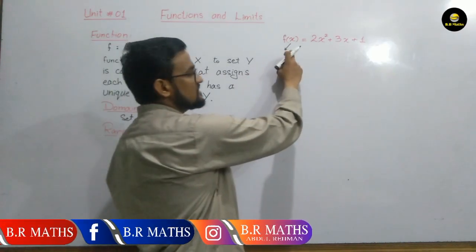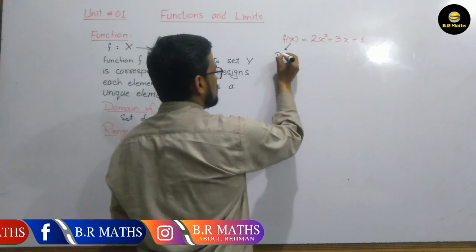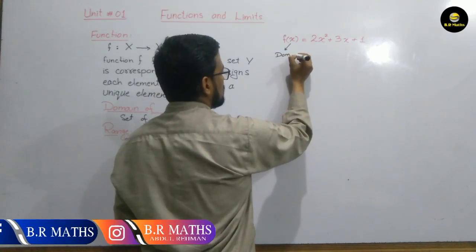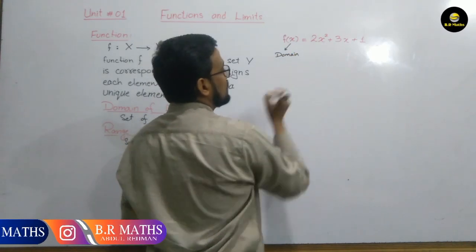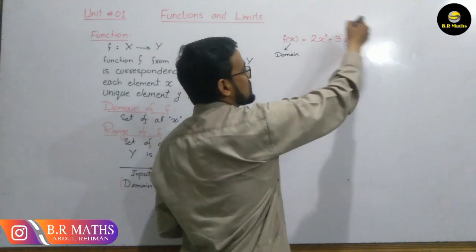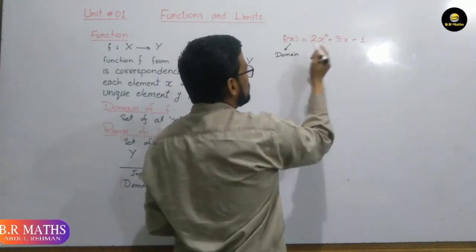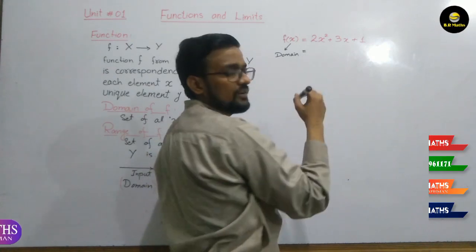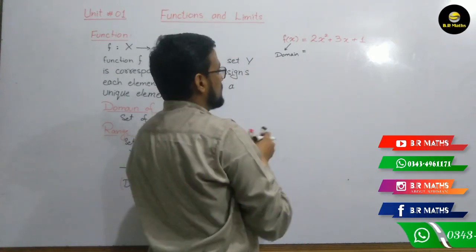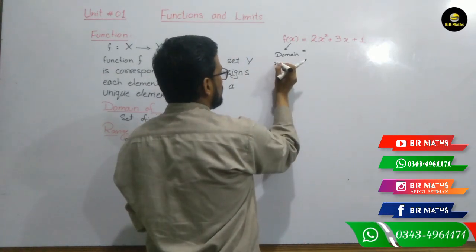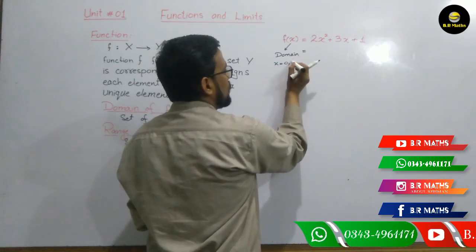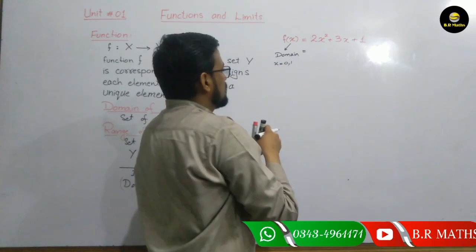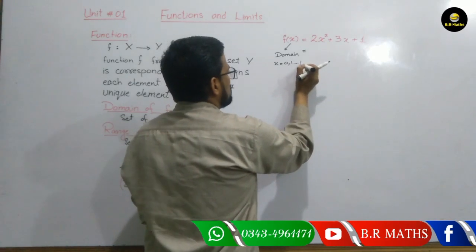So x is the domain, and this is the whole function. When we apply it and put x, for the domain you can put 0, 1, anything. So all real numbers.